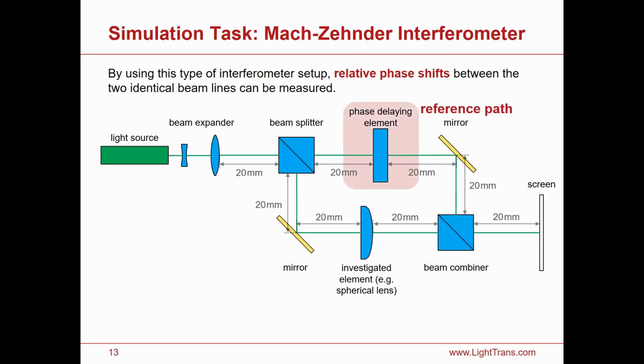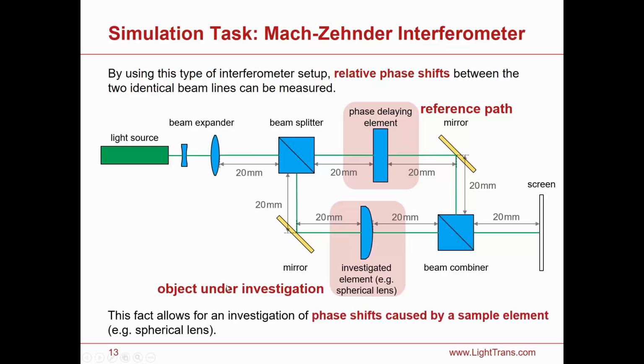We have the reference path here, where we can put, for example, a phase delaying element, and we have a measurement path where we can put an object we want to investigate. And this setup enables us to simulate the phase difference between those two paths.